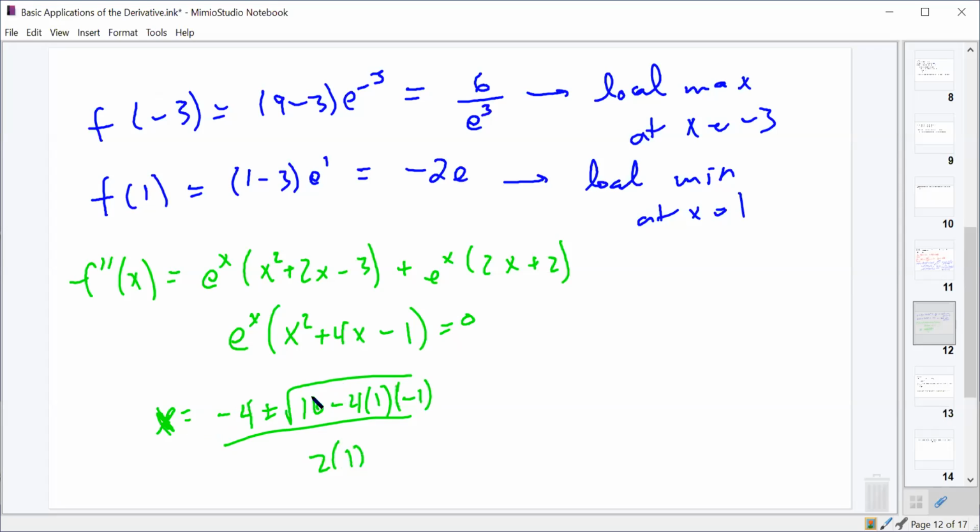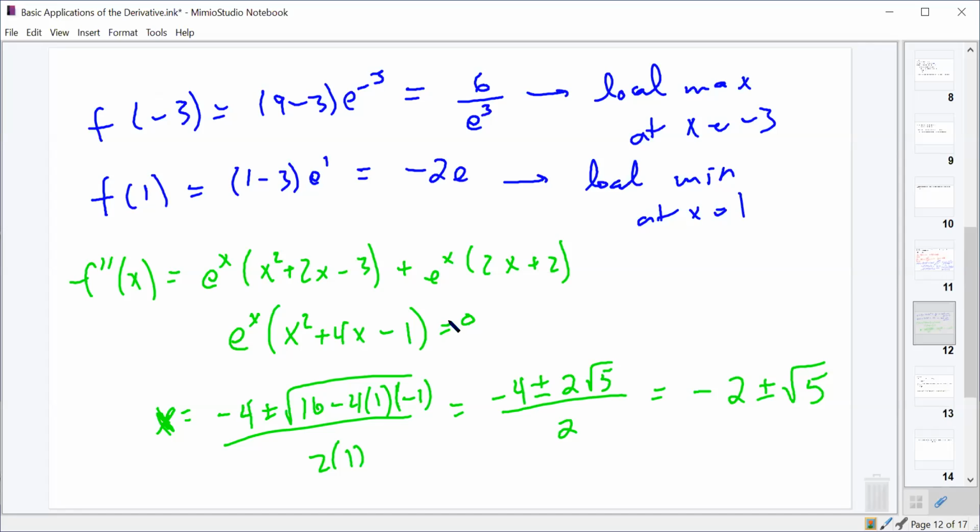We end up with a 20 inside of our square root, and the square root of 20 can be simplified to 2 root 5, and we end up with negative 2 plus or minus root 5.